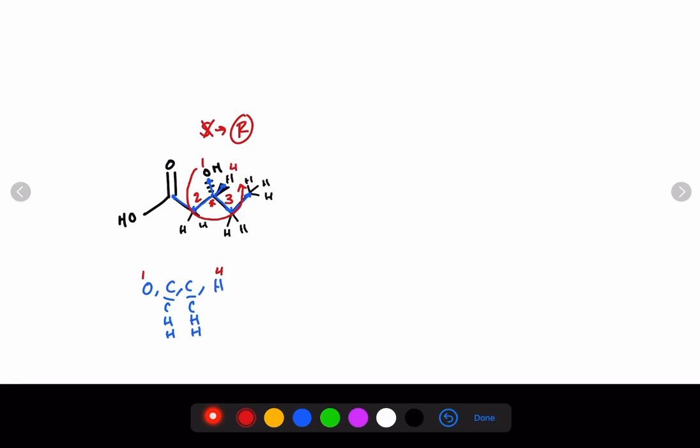Now we have to draw an enantiomer for this molecule. We have 2 options. You can either draw the mirrored version of the molecule, and I can show you what that looks like.